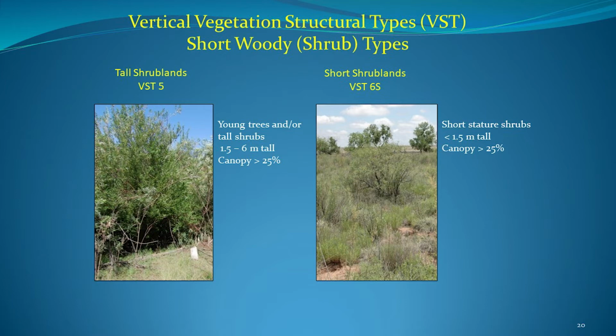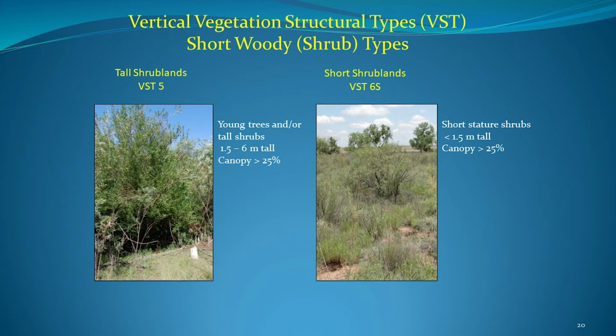You do have 25% woody under 20 feet tall, under 6 meters. And the distinguishing feature here is, are those short woodies between 1.5 meters and 6 meters, between about 4.5 feet and 20 feet, or are they all under 1.5 meters, under 4.5 feet?